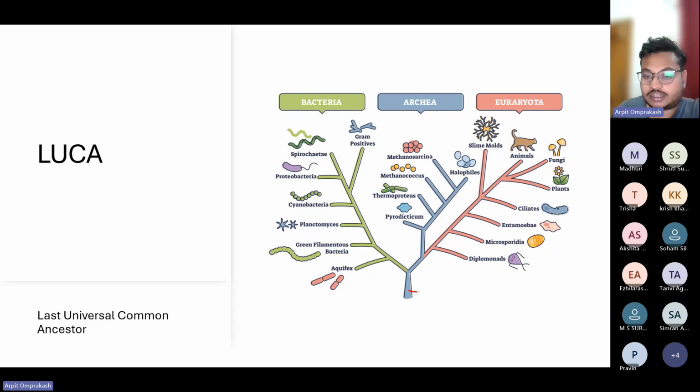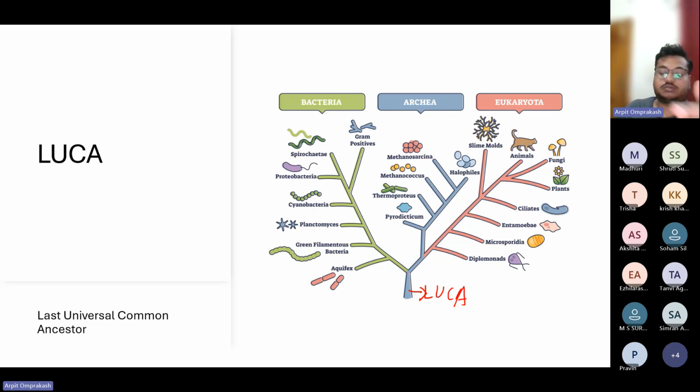It was not the original form of life as such, but an organism which gave rise to all the organisms that we are seeing in the world today.